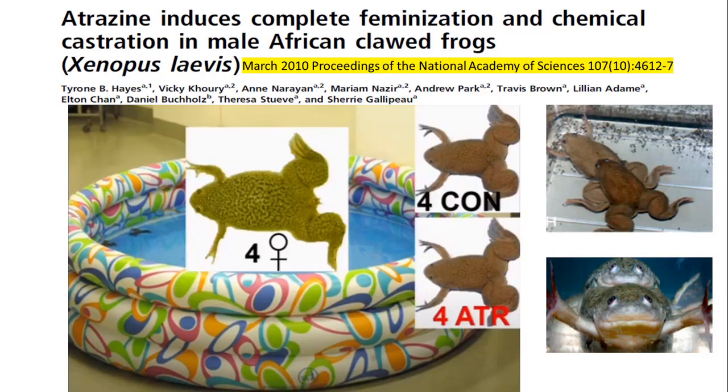On this other slide, they show what the reproductive consequences of atrazine were in frogs. The males were exposed to atrazine, and that basically caused them to be chemically castrated. Here they put 4 females in contact with 4 control males and 4 males previously exposed to atrazine.